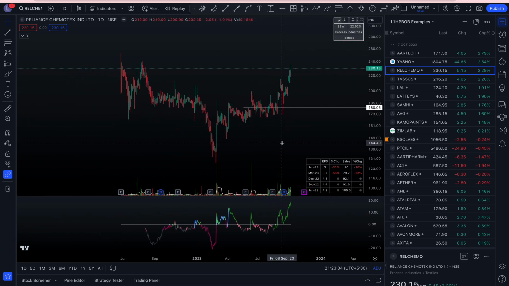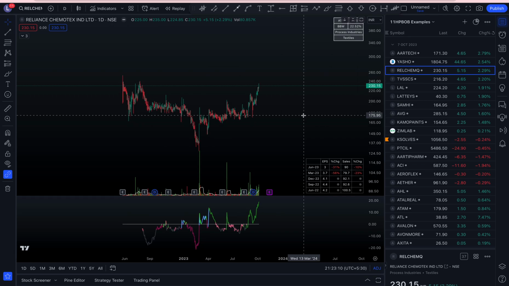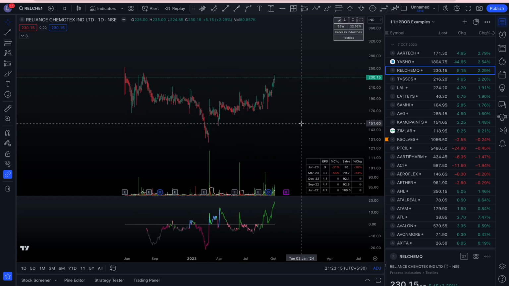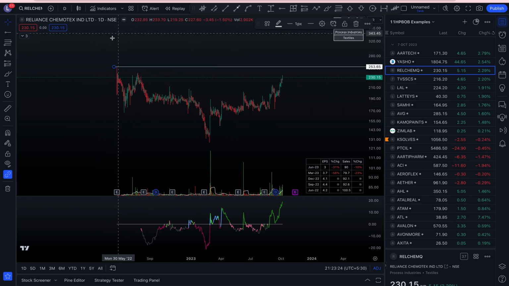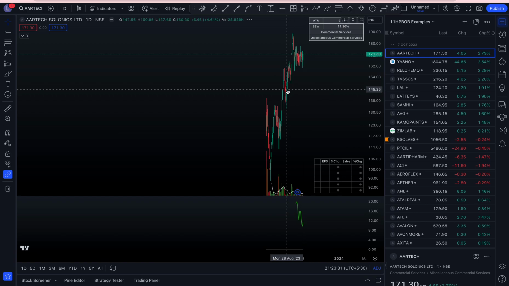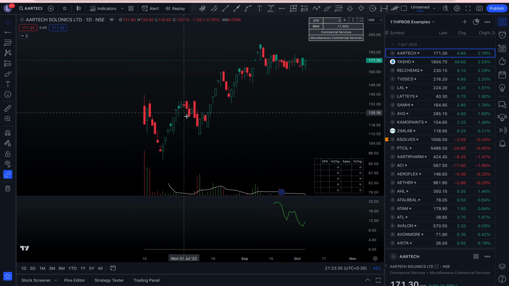See, IPO bases are a little tricky. There are two spots, or let's say pivots, which we are going to look at. One is obviously the IPO high, the all-time high after the stock has been listed, and the second would be any kind of a pattern or a base, right?